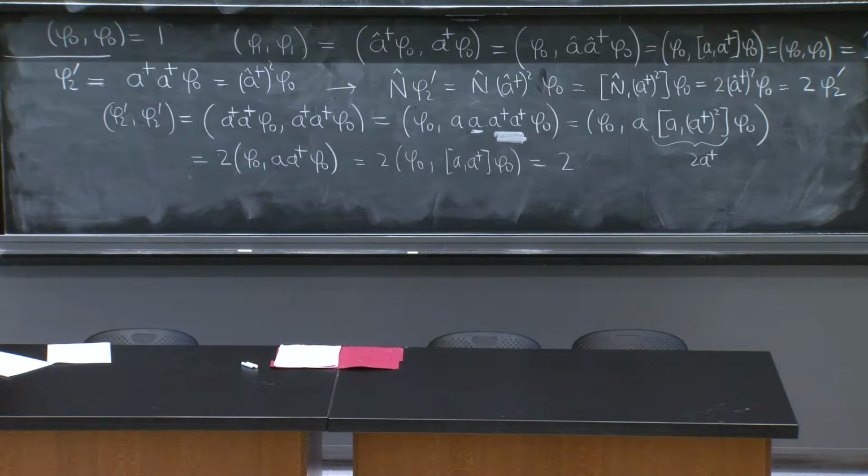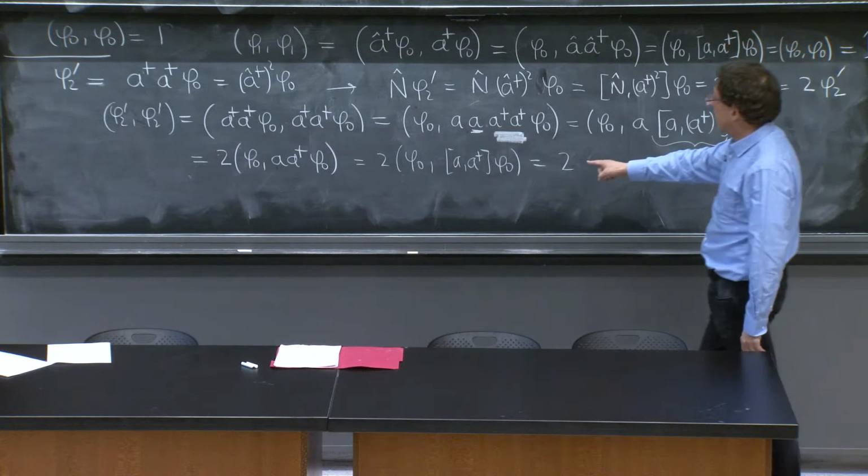So this phi 2 prime, yes, it is the next excited state. Two creation operators on the ground state. The energy eigenvalue n is 2. You had n equals 0 eigenvalue for the ground state, 1 for phi 1, 2 for phi 2 prime, but it's not properly normalized.